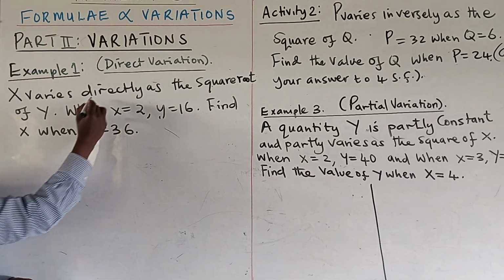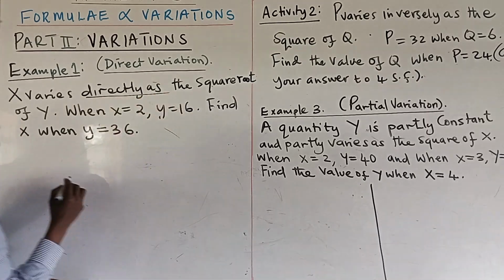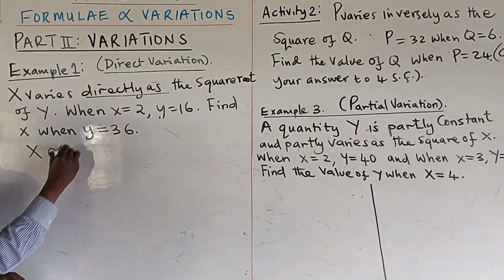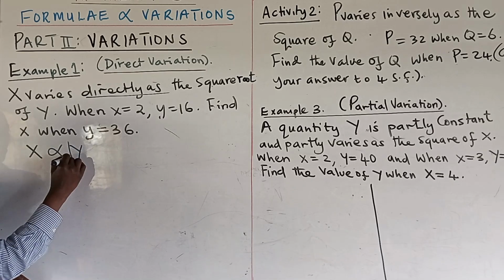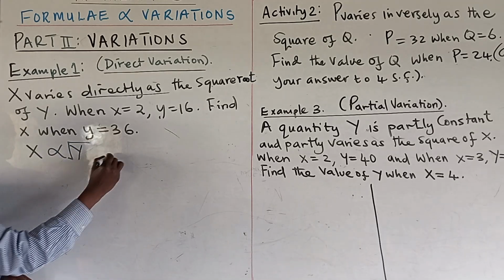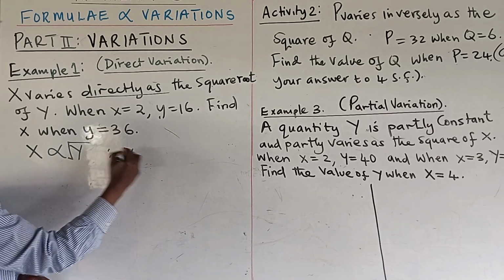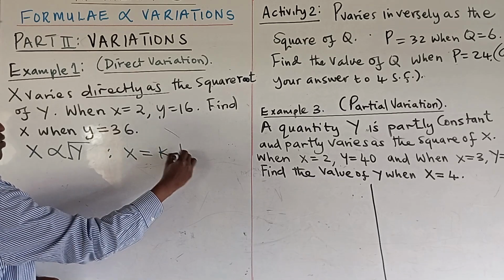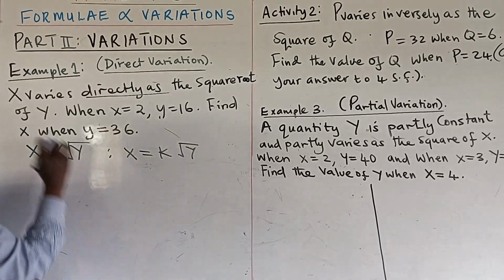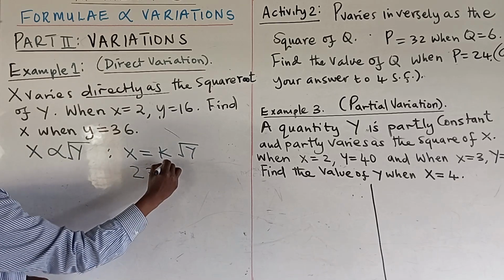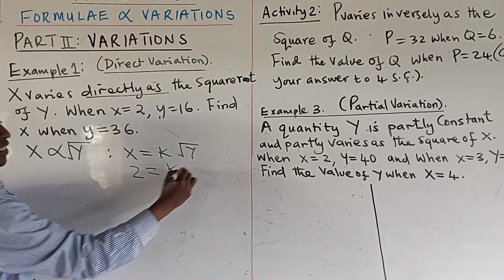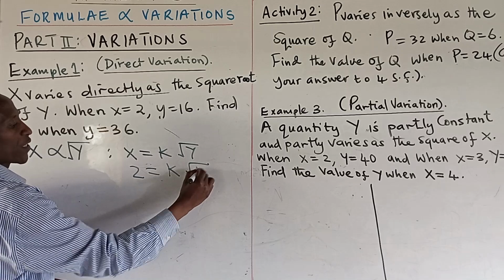So in this case, we look at directly. So x varies directly as the square root of y, meaning x is equal to k square root of y. We put in these values given. We have x is equal to 2. We don't know the constant of proportionality, but we know square root of 16.